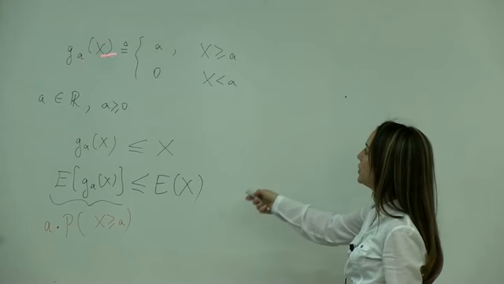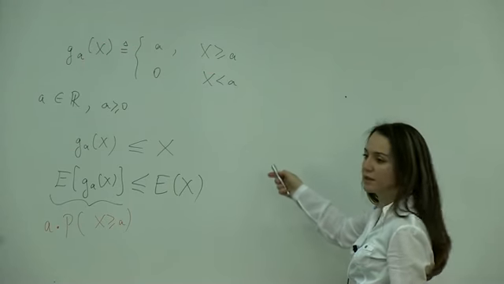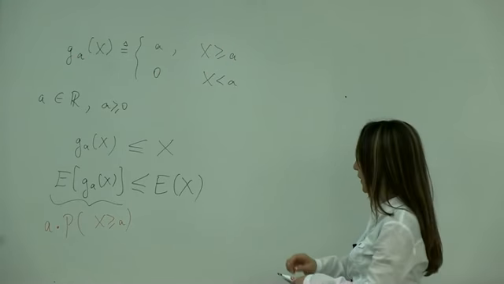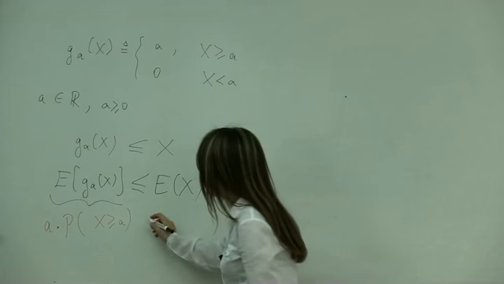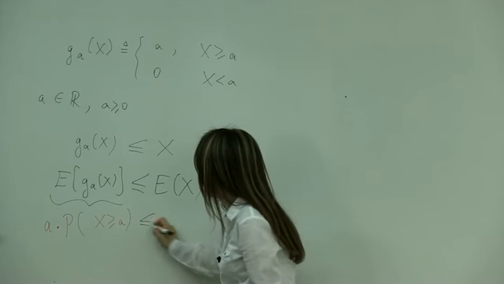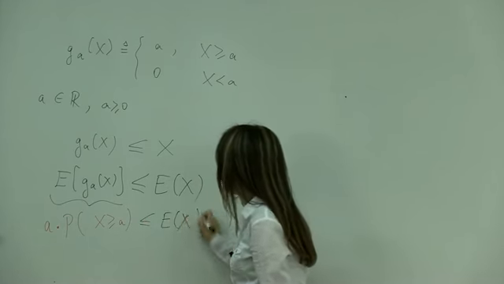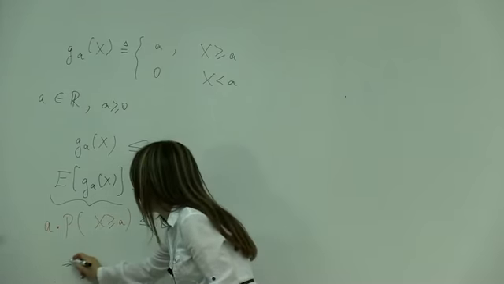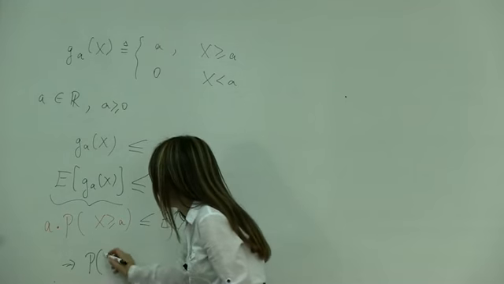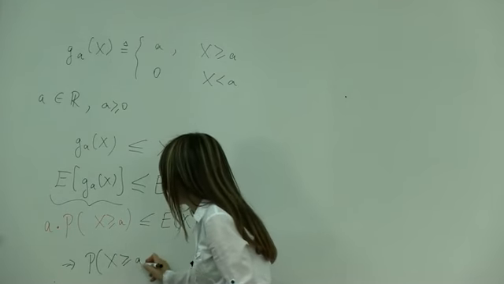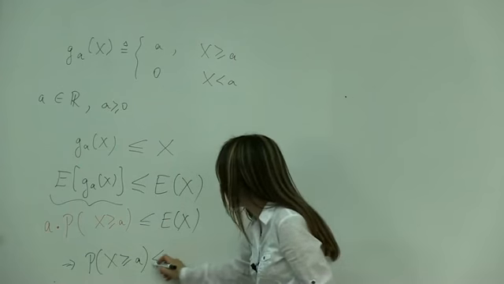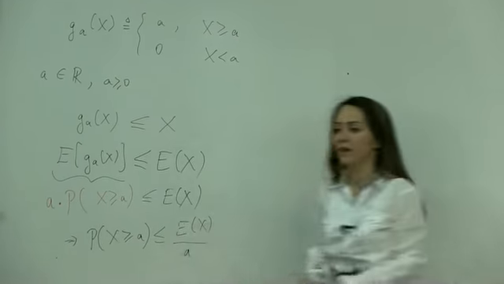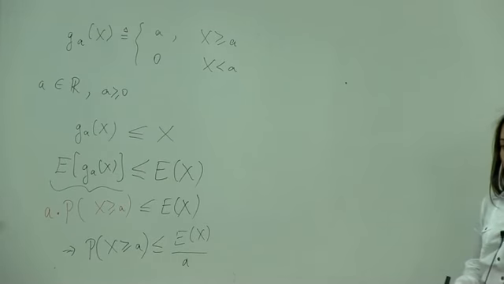So the expectation is a times the probability of this event plus 0 times the probability of the other event, which is 0. Okay, so then I get that this is upper bounded by expectation of x, which implies the result that we're trying to prove. The probability that x is bigger than or equal to a is upper bounded by expected value of x divided by a. This is true for any random variable x.